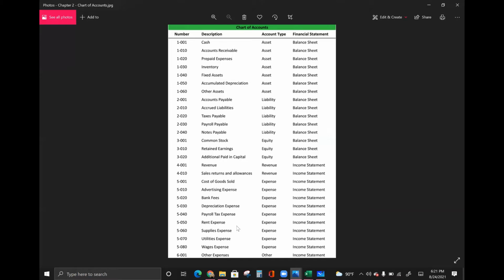You'll have a process of setting new accounts up and editing those accounts, but you'll have something called a chart of accounts, and it has the number, the description, and a lot of times it doesn't give you a balance. It's just a listing. It's telling you, here are the accounts that are available to you.